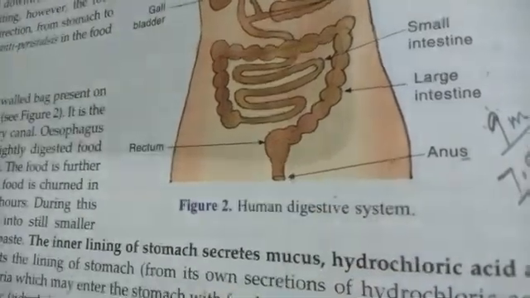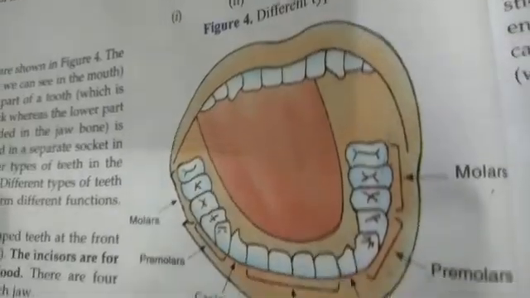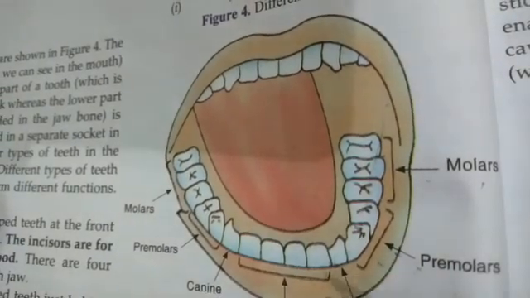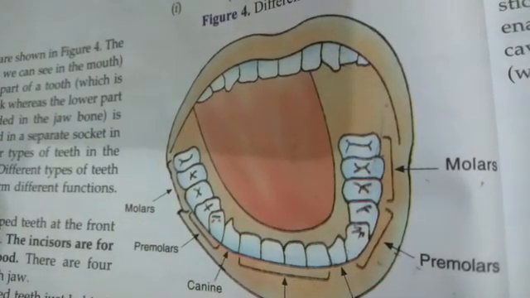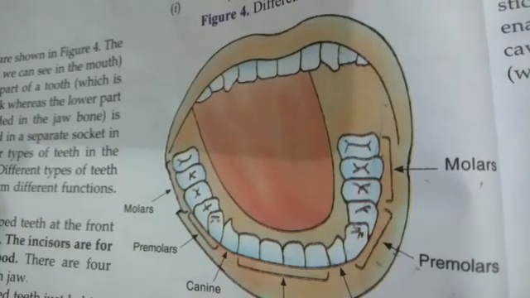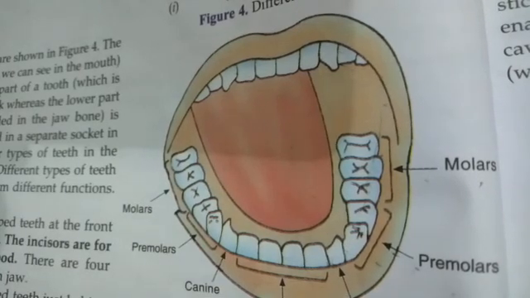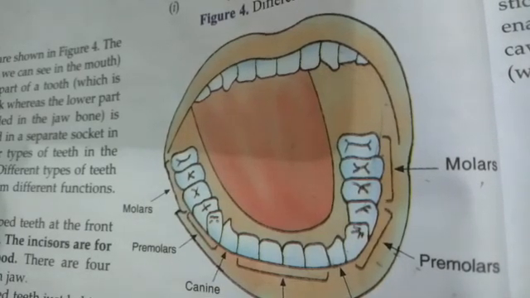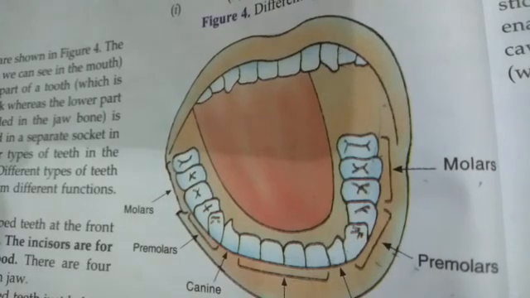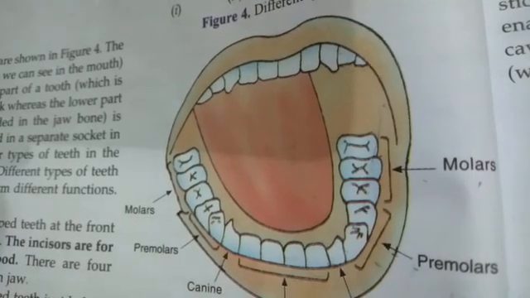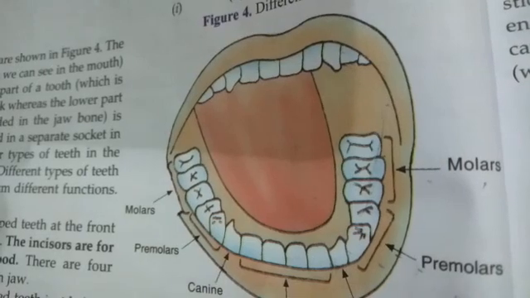Okay. And after then we have discussed about what? Various types of teeth. In human beings we have two sets of teeth: temporary set and permanent set. Temporary set is known as what? Milk teeth, and they are 20 in number.